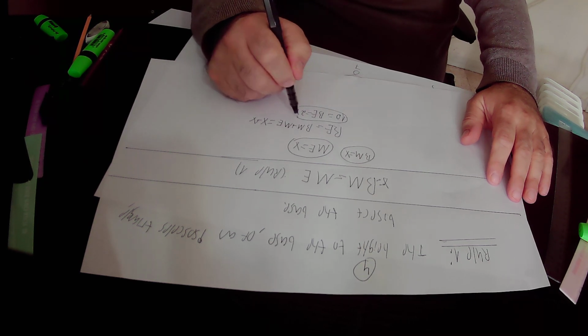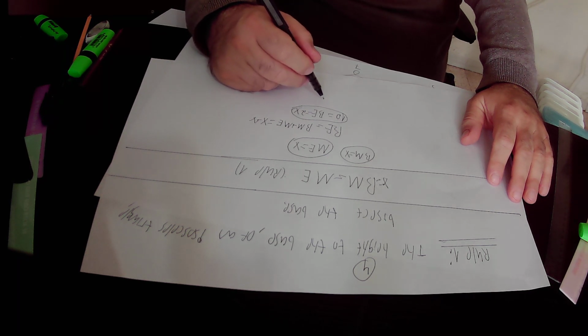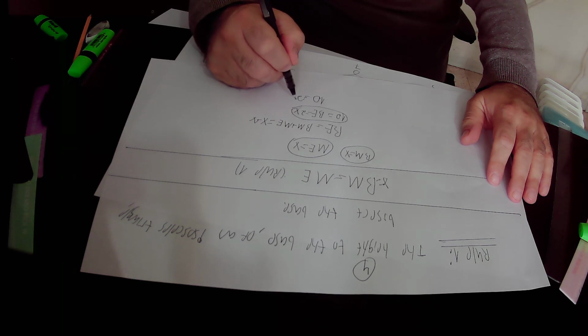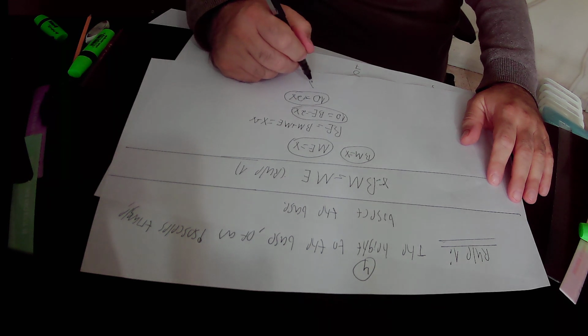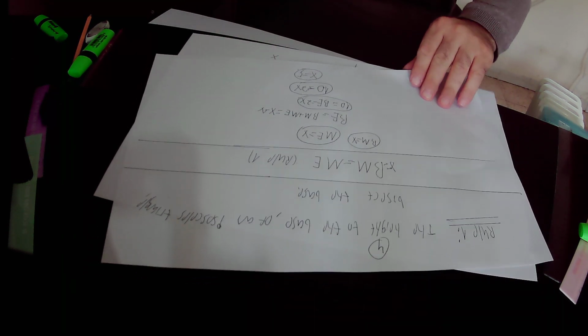So from this equation, 10 equals BE equals 2X, we will conclude that 10 equals 2X. We'll divide this equation by 2 and we'll get that X equals 5 units.